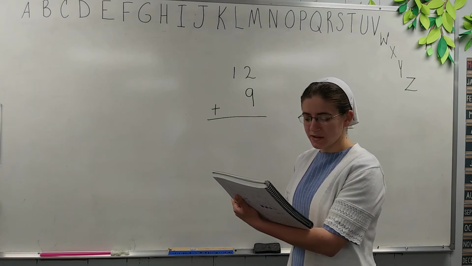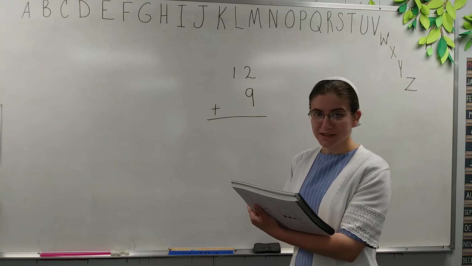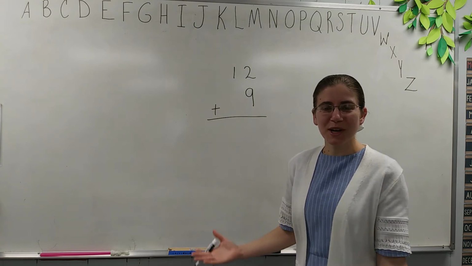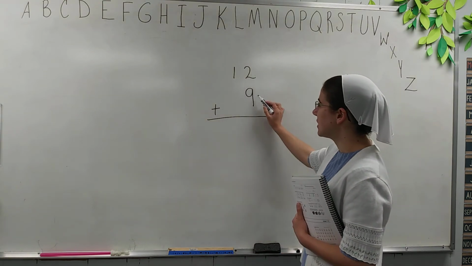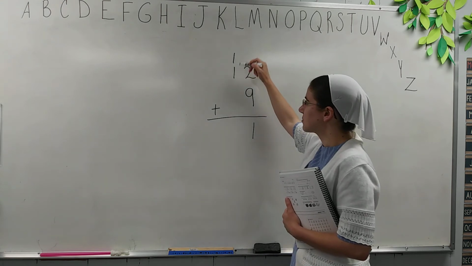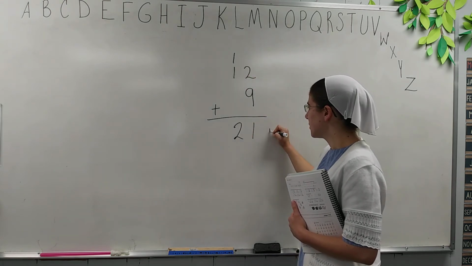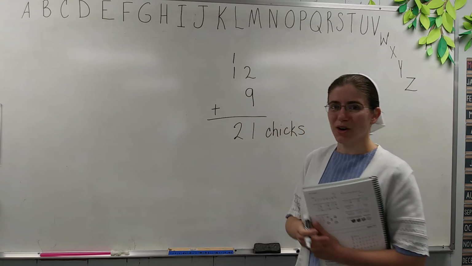Now let's see if we need the 5. Mitten's kitten has 5 kittens. Are we talking about chicks there? No, we're talking about kittens. So we don't need the 5. So we're just adding the 12 and the 9. So 2 plus 9 is 11. 1 plus 1 is 2. So there are 21 chicks all together.